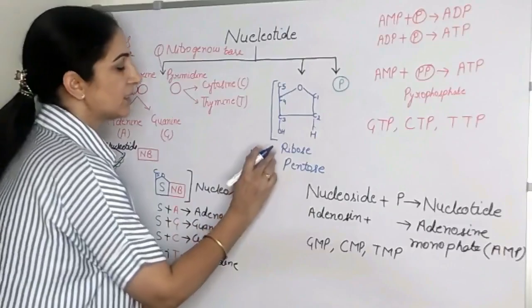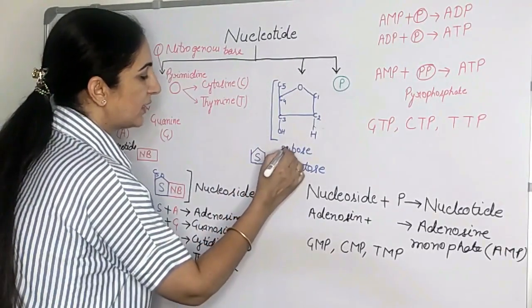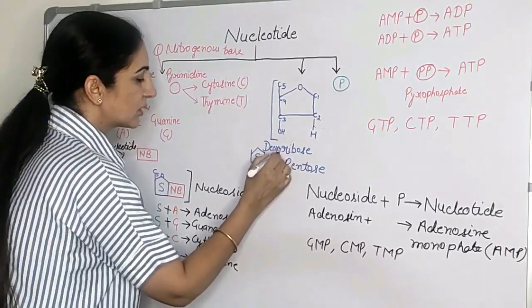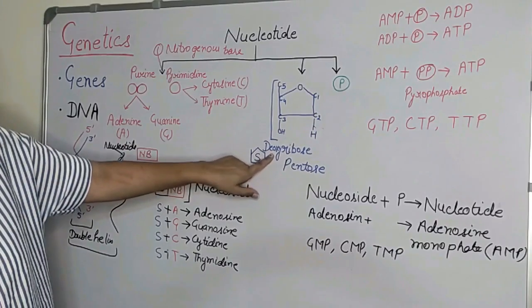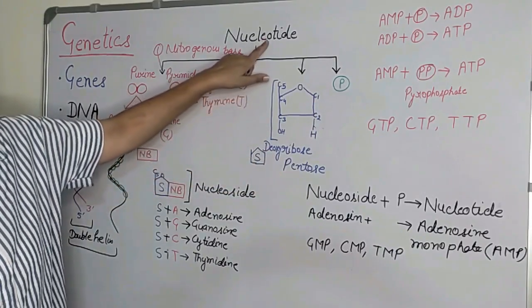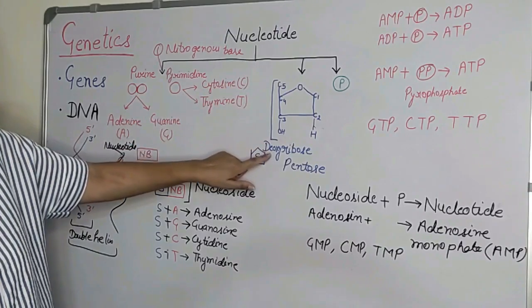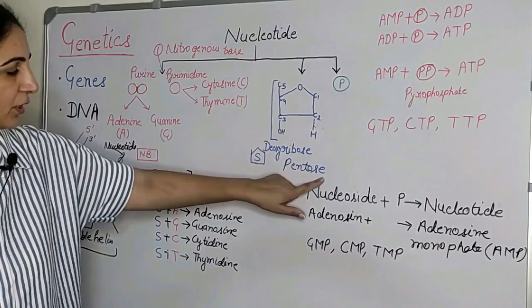Then it's no longer ribose, now it's deoxyribose. So this is the sugar present inside the nucleotides of DNA. So this is the second subunit, that is the deoxyribose sugar, which is a pentose sugar.